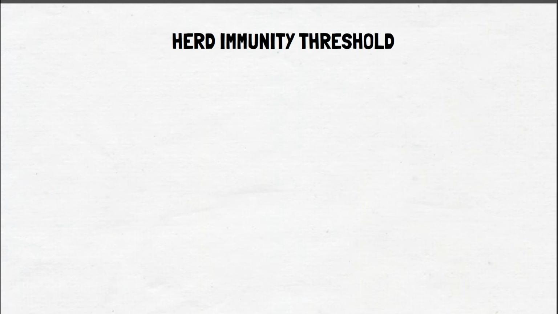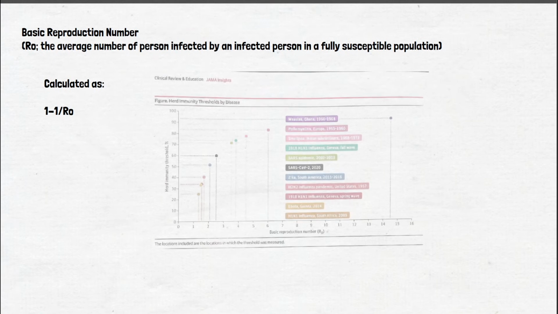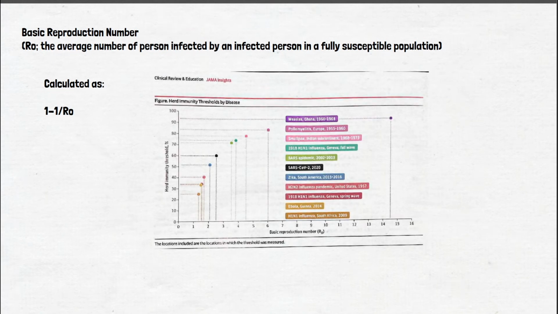In the simplest model, the herd immunity threshold depends on what we call the basic reproduction number. That means the average number of persons infected by an infected person in a fully susceptible population, and this is calculated as 1 minus 1 over R0, which is the reproduction number.